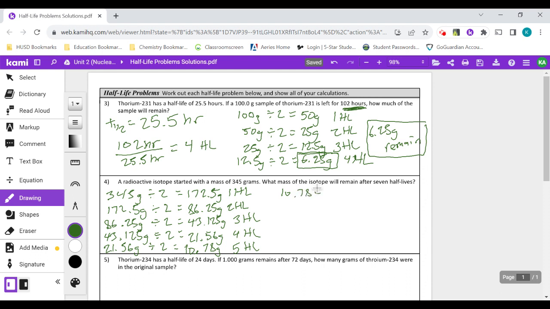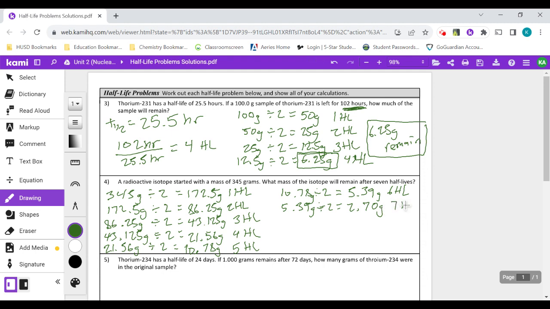10.78 divided by 2 equals 5.39 grams. That would be 6 half-lives, and 5.39 grams divided by 2 equals 2.70 grams.